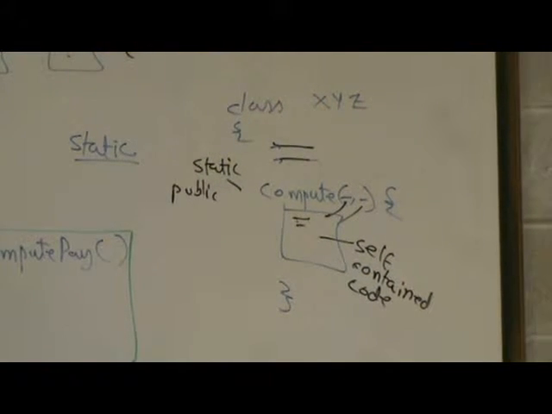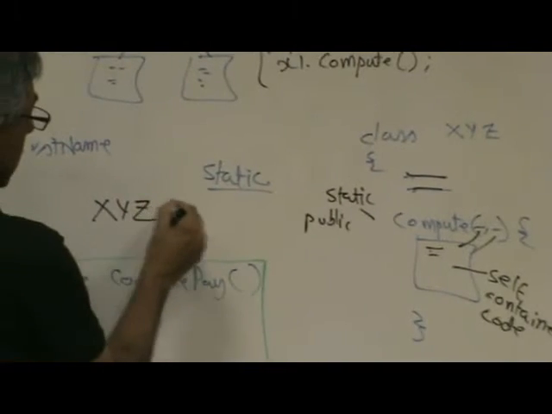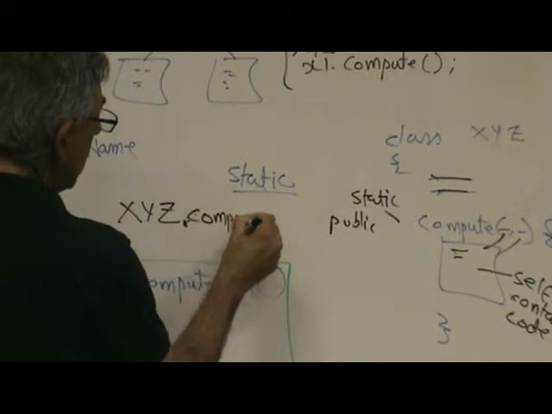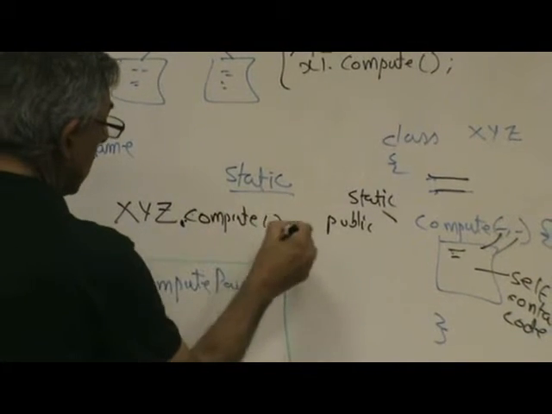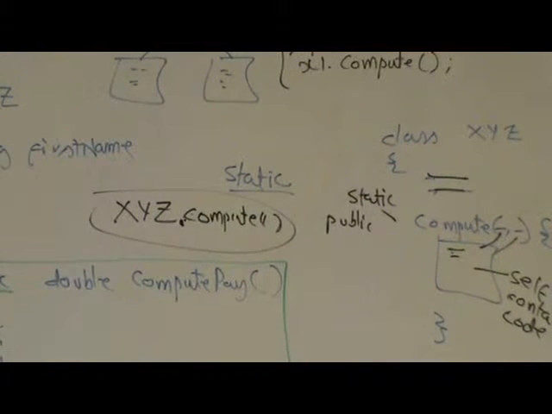So if it is self-contained code, that's the time we can mark it static. Once it's marked static, how do we call it? Name of the class dot name of the function. So the calling code becomes a lot easier. That's why we mark a particular method static.